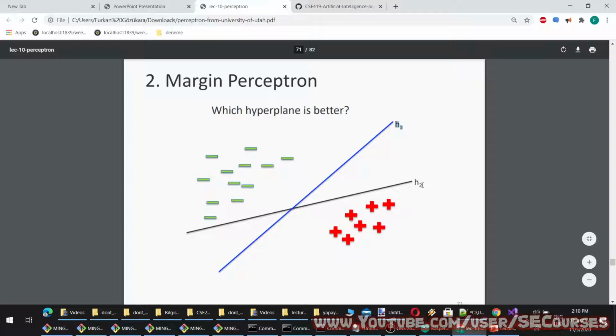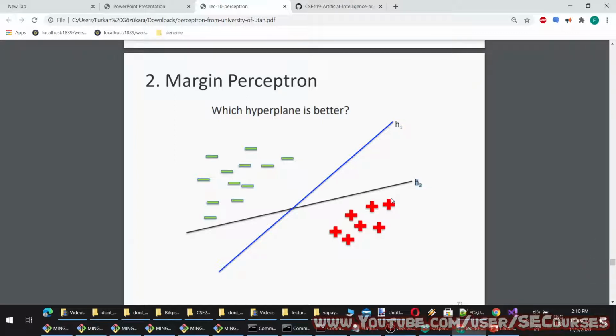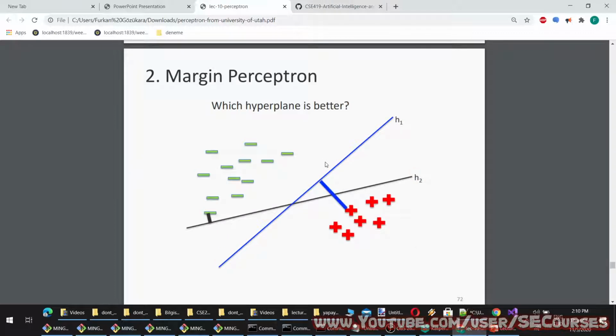However, our algorithm may stop at H2 as well because we are just looking for convergence, not the best margin or generalization. Therefore, which perceptron algorithm you are using makes a difference.